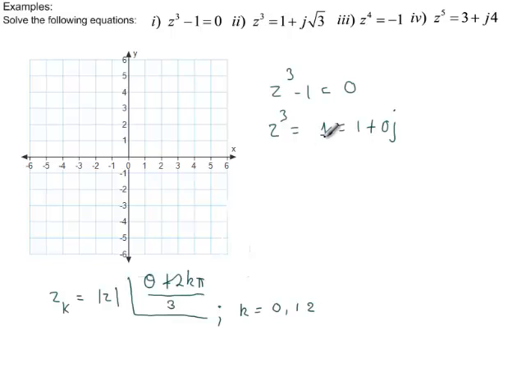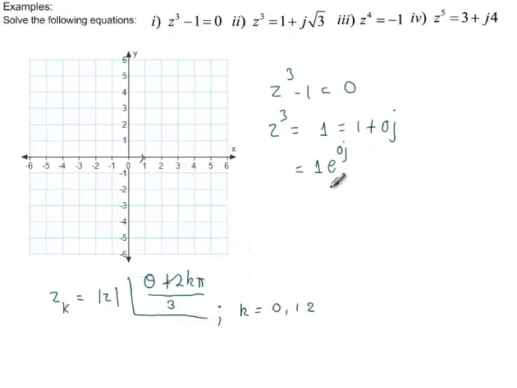Now, in exponential form, the modulus of this number is going to be 1, and the angle is 0, because the 1 is on the x-axis. The angle between the x-axis and the vector 1, that complex number being a vector, is 0. So it's going to be e to the power 0j. Actually, it almost looks more nonsensical than anything, because e to the power 0 is 1.